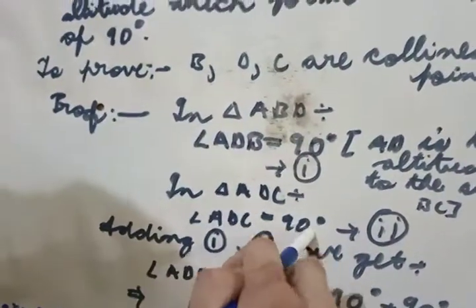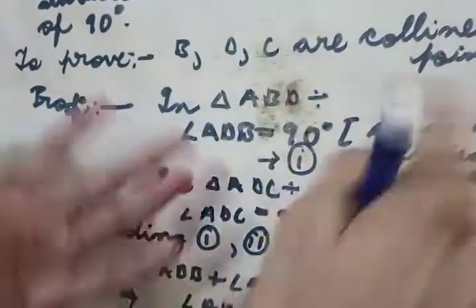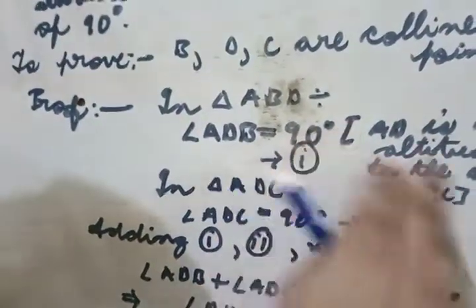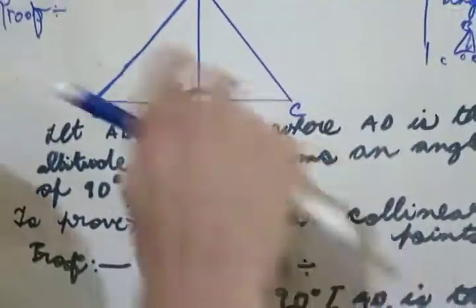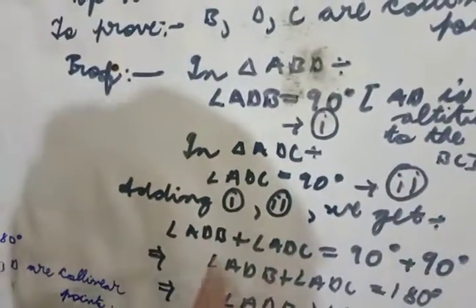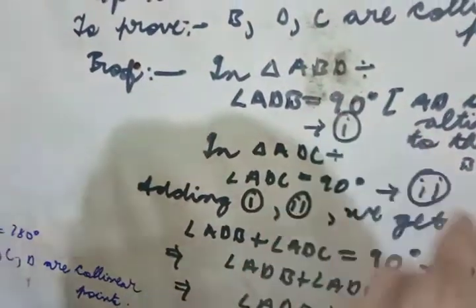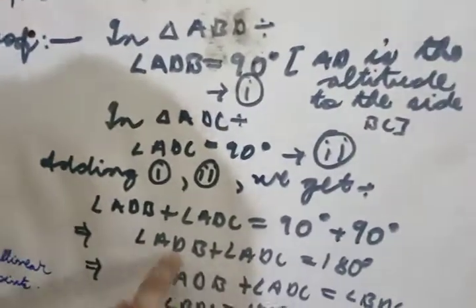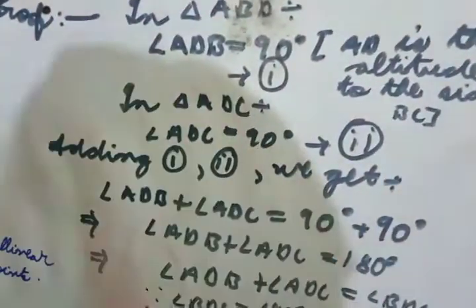In triangle ADC, angle ADC is 90 degree, for the same reason used in equation 1, that is AD is an altitude to side BC, and so we are marking it as equation 2. Adding 1 and 2, left hand side added to left hand side and right hand side added to right hand side, we get angle ADB plus angle ADC equal to 180 degree.